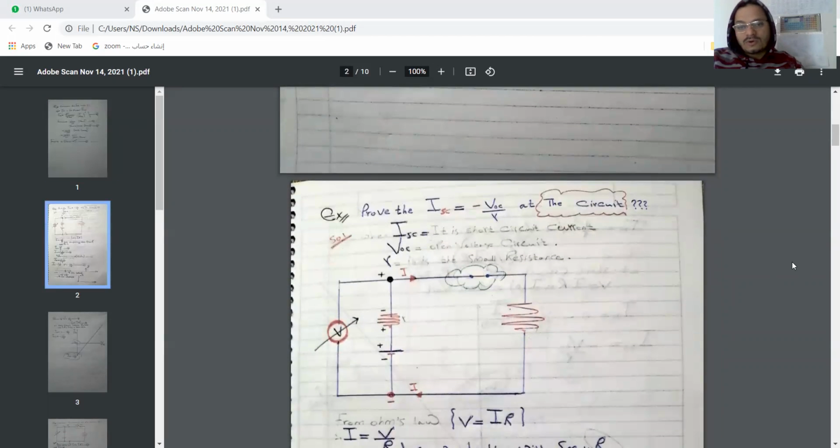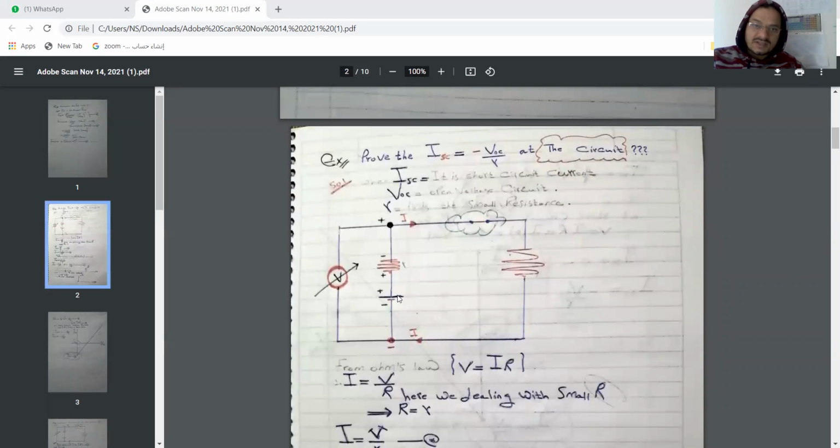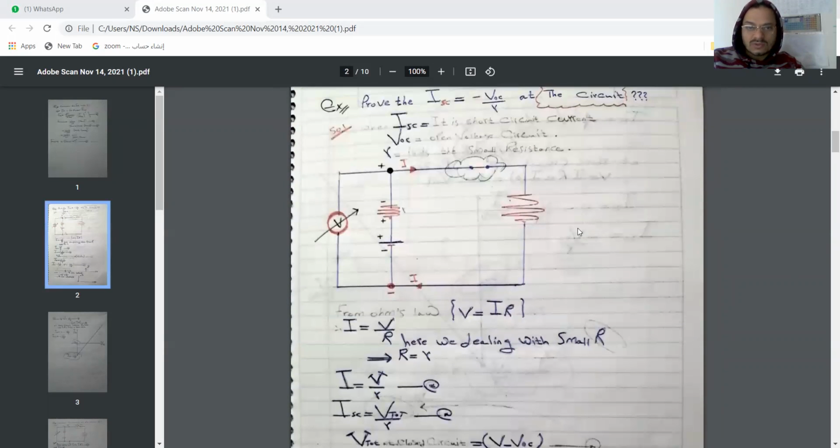Now let's work on this circuit. This circuit, like we're seeing here, at short circuit, we prove or calculate the current at short circuit. Here we will say we have a small resistance inside this battery or the solar cell.